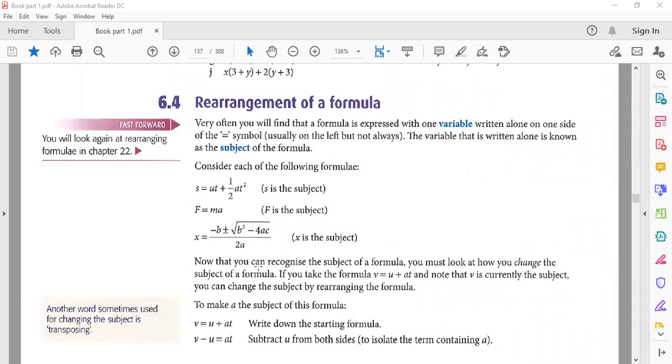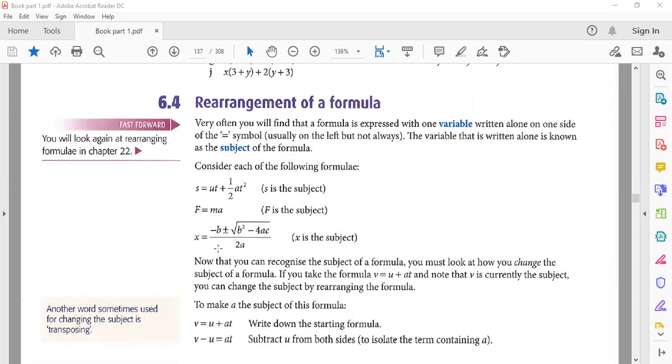Let's suppose we have s equals ut plus 1 over 2 at squared, which is commonly used in physics, and F equals ma. You already studied all these formulas in your physics books, because one is the distance formula and the other is force, from mass and acceleration.